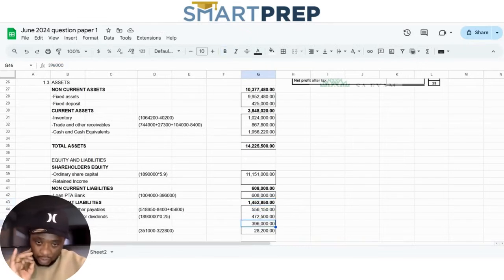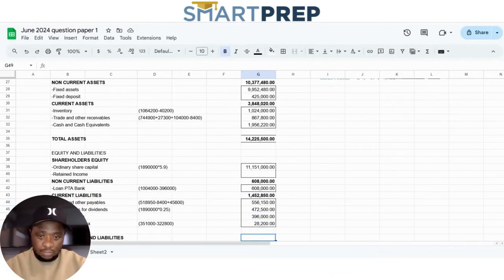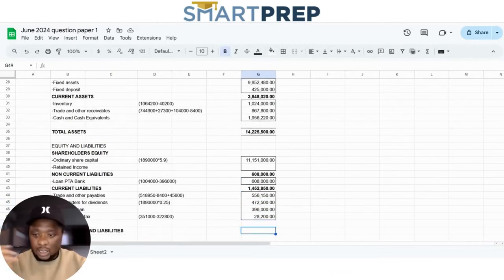Okay, and so what we then need to do is find a way to get a balancing figure, because remember that assets are equal to equity plus liabilities. So we have our total assets. We're going to take that balance of total assets and put it as our total equity and liabilities. And then from this balance, we're going to subtract the 1,452,850, subtract the 608,000, so that it can give us a total of our shareholders' equity.